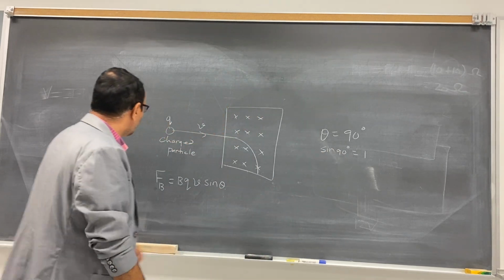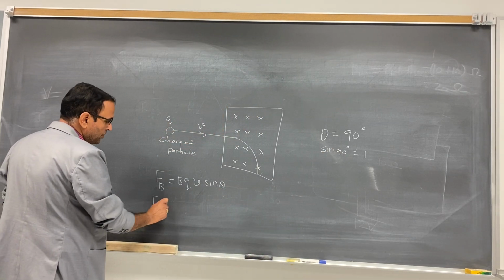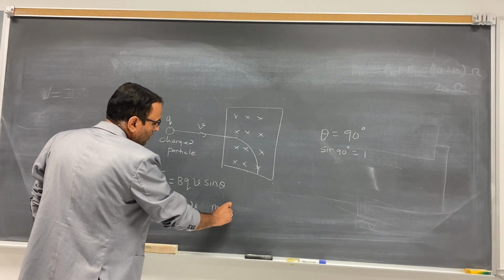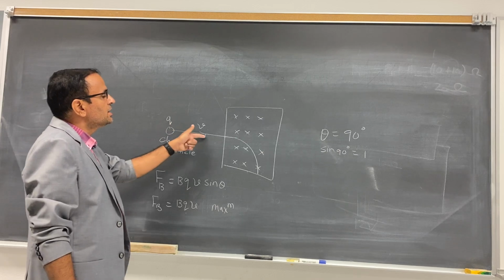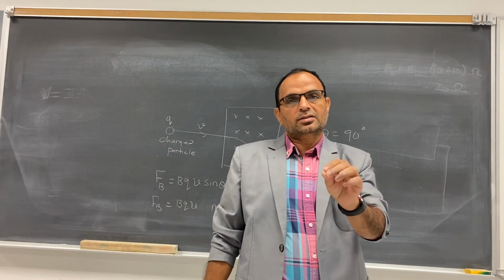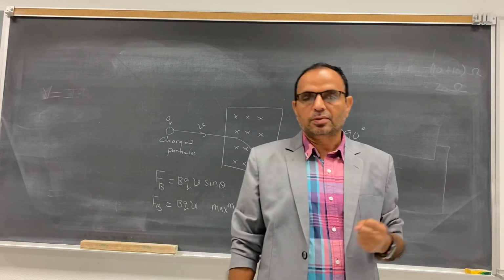That means the maximum force is F_B equal to BQV. This is the maximum. So if the charged particle is moving perpendicular to the magnetic field, then in that case the charged particle experiences the maximum force.